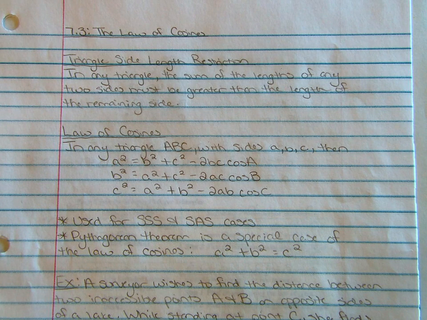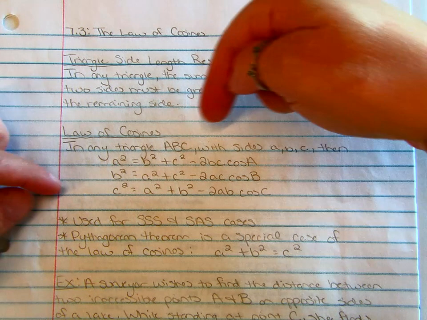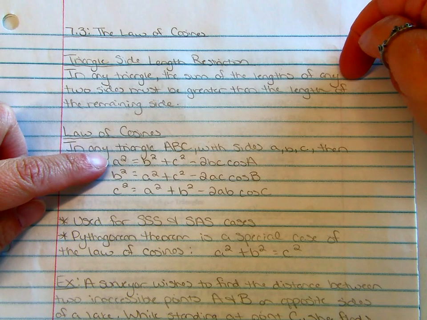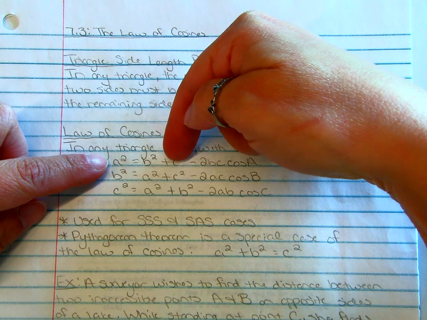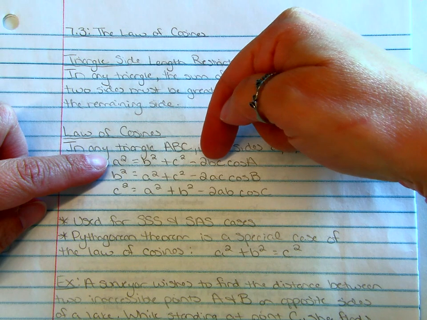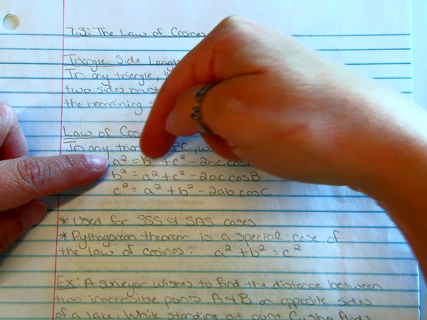So our law of cosines says that in any triangle ABC, where we know the sides are a, b, and c, we get these three different little laws, where we have a squared equals b squared plus c squared minus 2bc cosine A. What's important to note here, because they're all slightly different, is that if I have an a squared, then I'm squaring b and c, adding those together, and then the minus 2 will always be the b and the c, the two things that you squared.